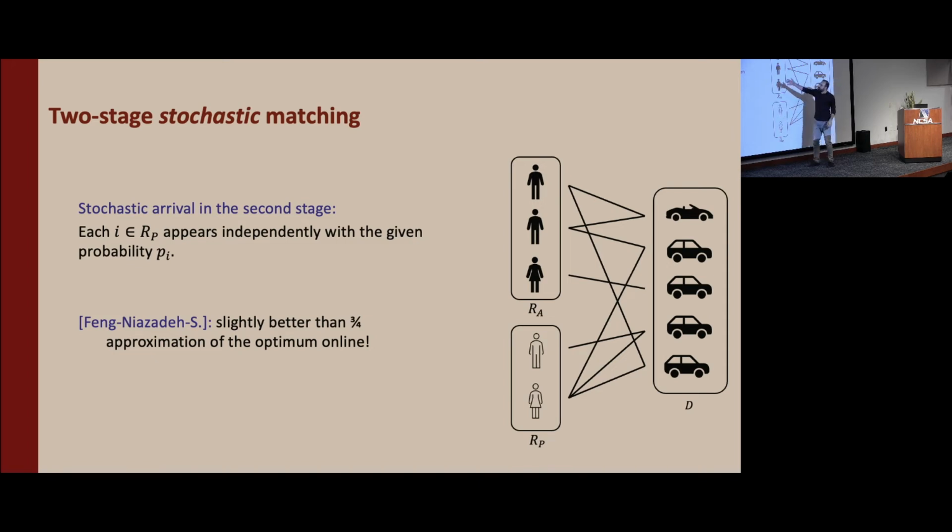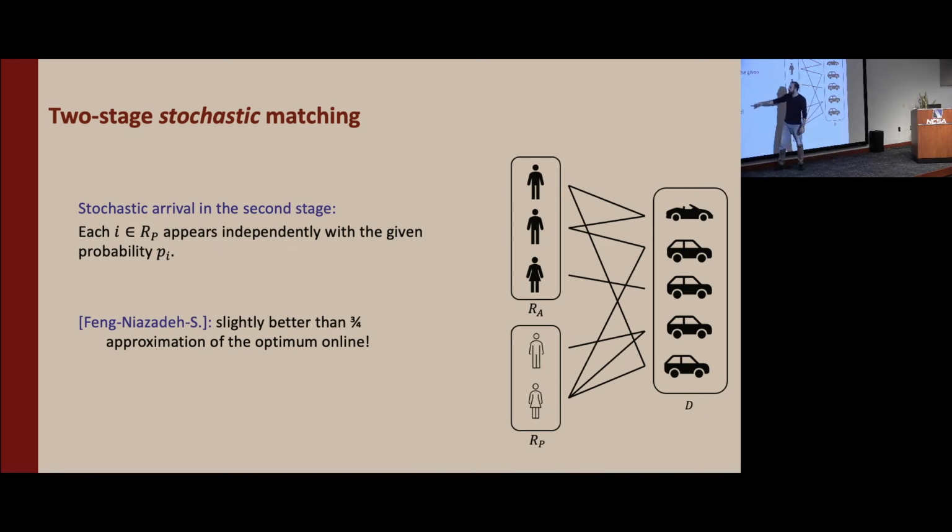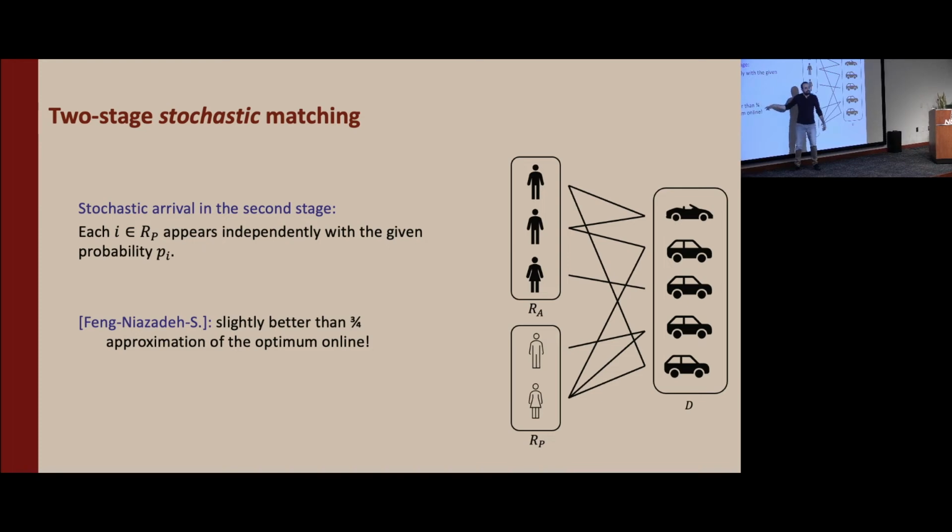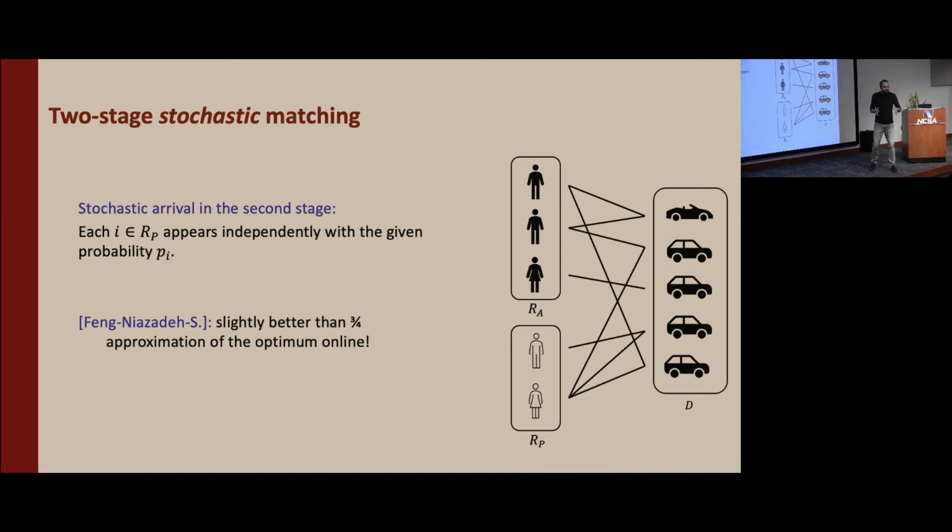With this additional information, it becomes a two-stage stochastic matching problem. And we showed that you can get better than 3/4, an approximation of the optimum online. It uses primal dual techniques, and you have to add some ideas from submodular optimization to do a little bit better than 3/4.